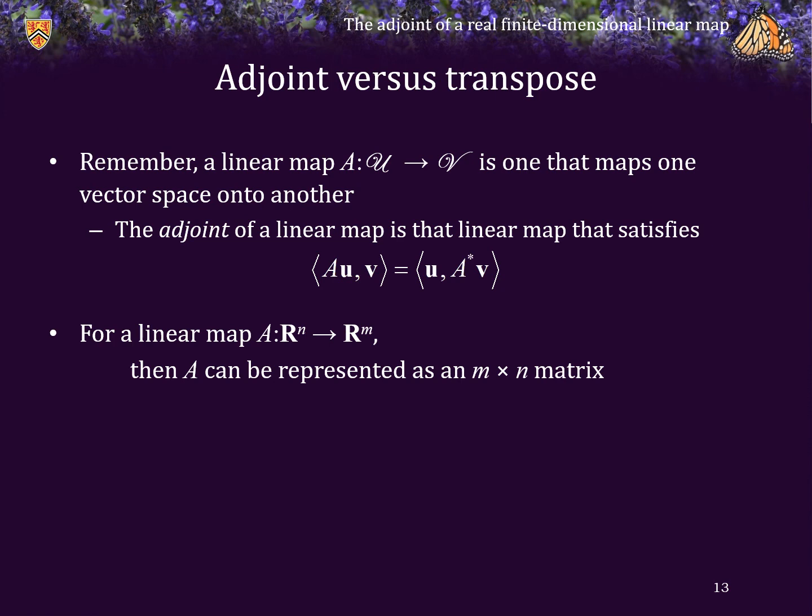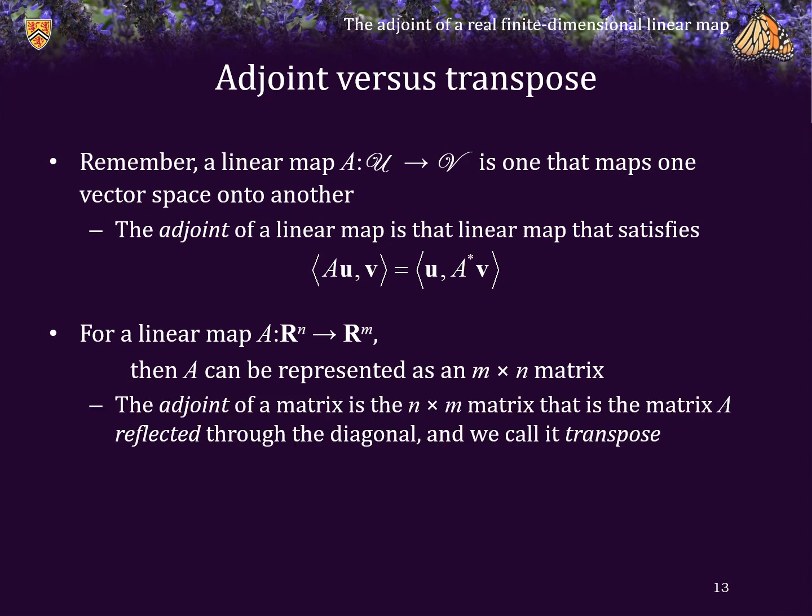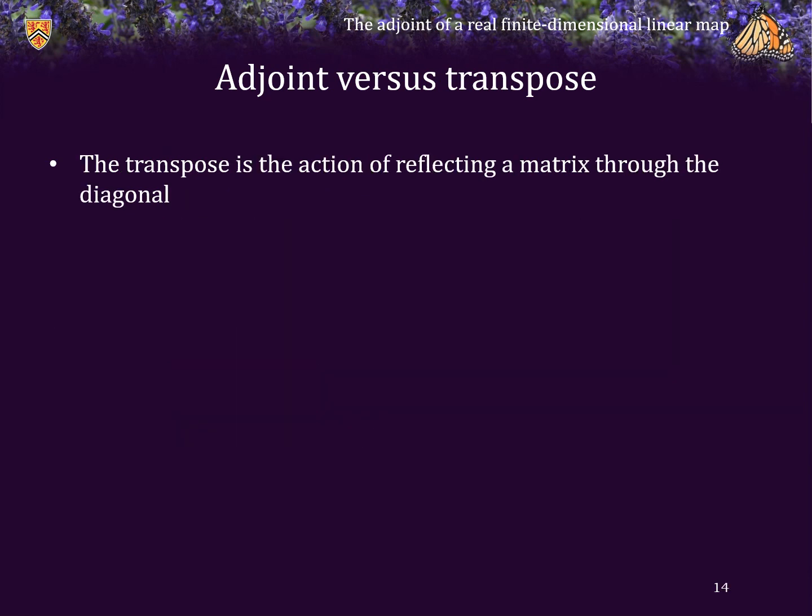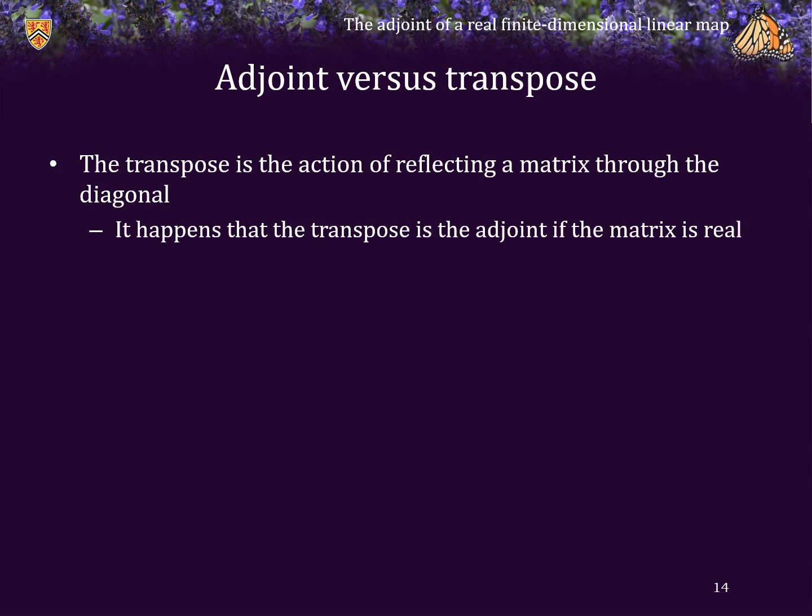Recall that a linear map mapping Rn to Rm can be represented by an m by n matrix. The adjoint of a matrix is the n by m matrix that is the matrix A reflected through the diagonal, and hence we call it its transpose. So the transpose is the action of reflecting a matrix through the diagonal.